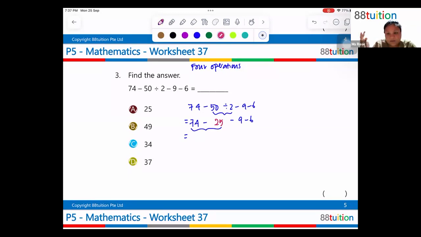So 74 minus 25 gives me 49. Minus 9 minus 6. So this will give me 40 minus 6 to give me 34. Okay, so that's C. All right.